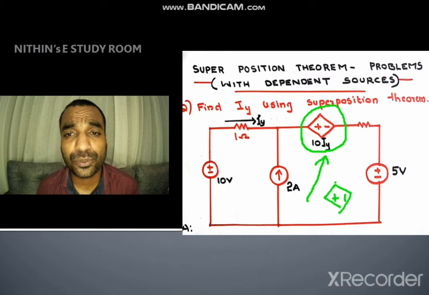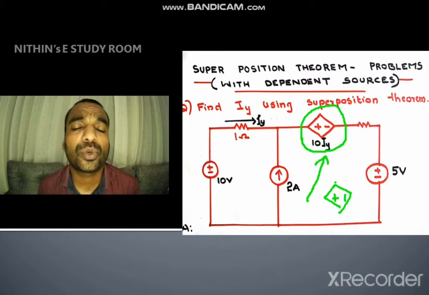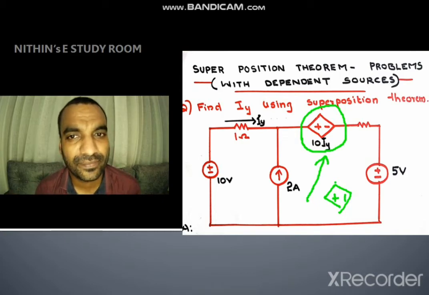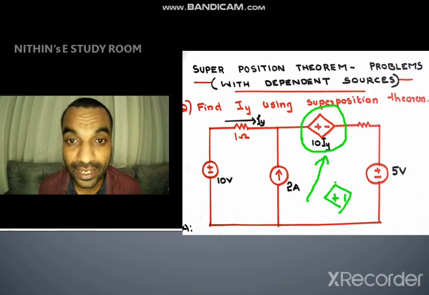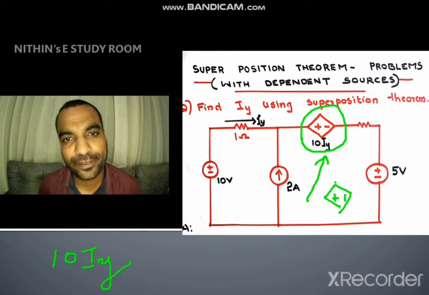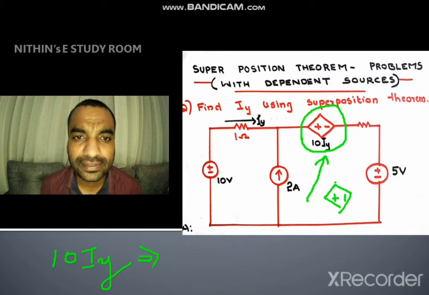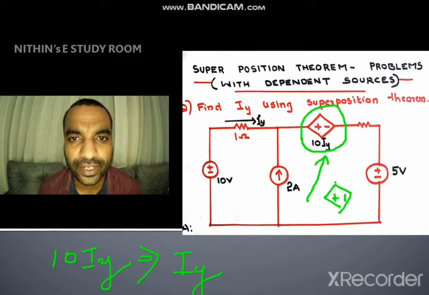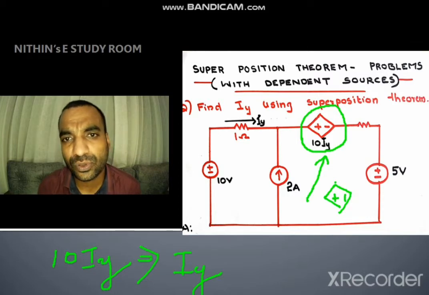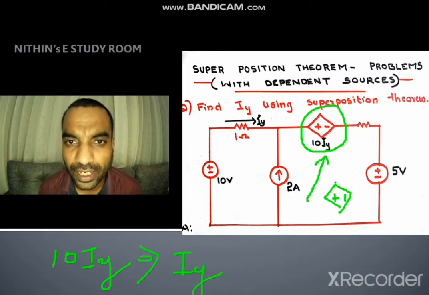And this is my question: is it a current dependent voltage source or a voltage dependent voltage source? We can easily say it is a current dependent voltage source, because this voltage source has a value of 10 IY. 10 IY means it is depending on some current IY, and in the question IY is also marked here.